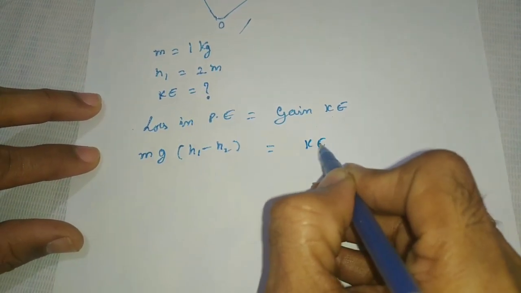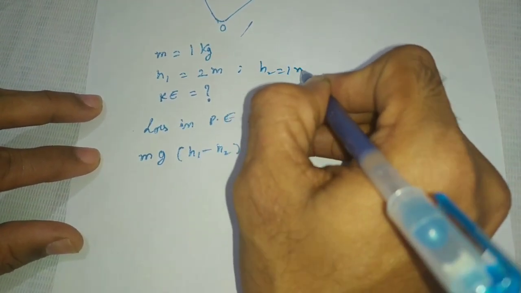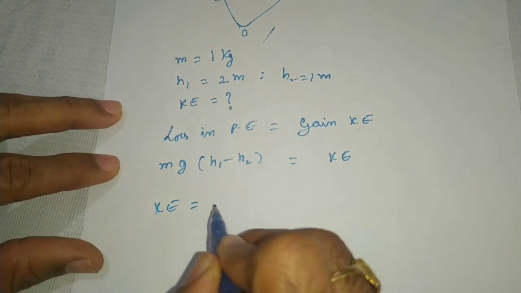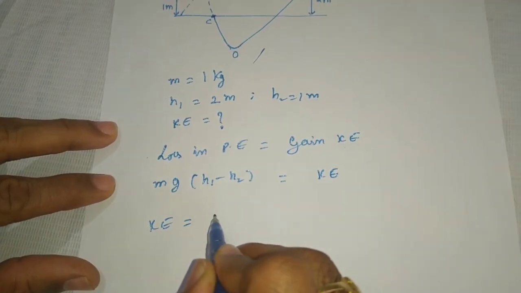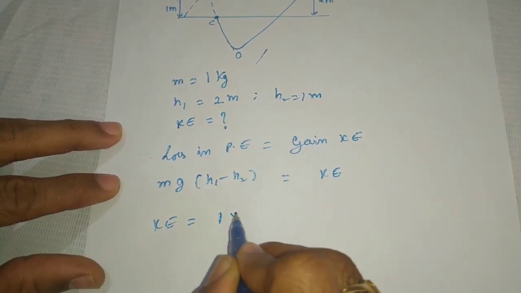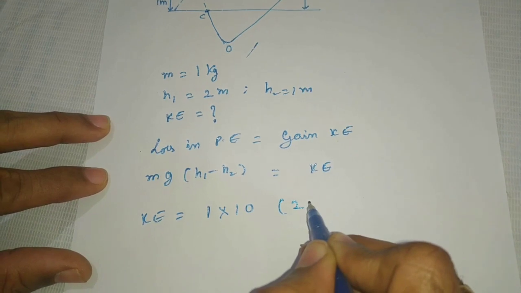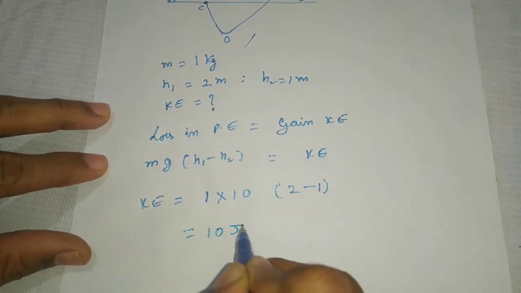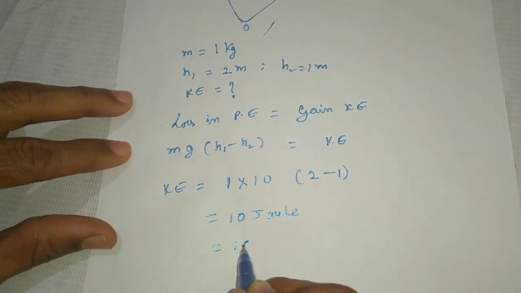We have to find KE value. So here h2 is equal to 1 meter at highest point of the projectile. So kinetic energy is equal to mg into h1 minus h2. Given mass is 1 kg and g is 10 meters per second square, h1 minus h2 is 2 minus 1, that is 1. So it is equal to 10 joule. It is integer type question, so answer is 10.